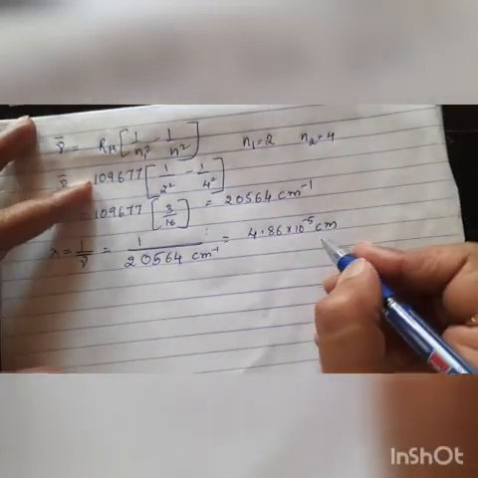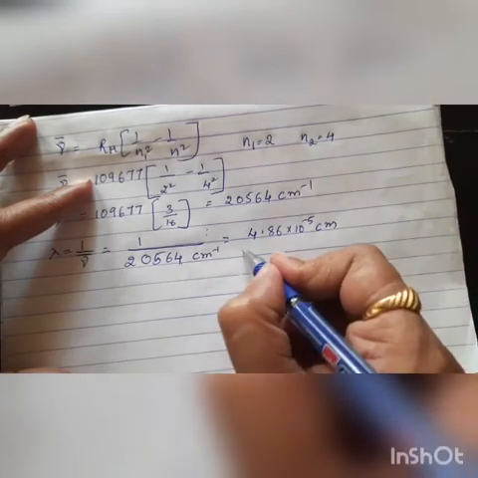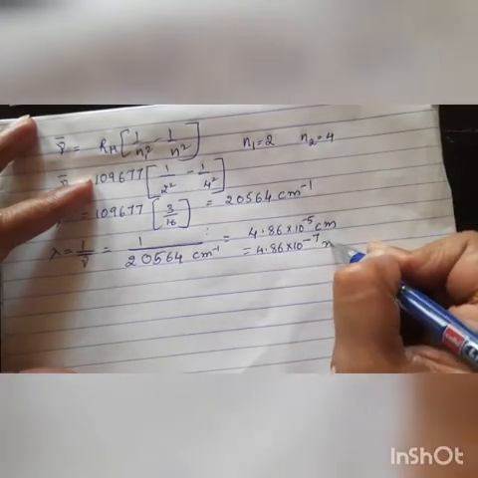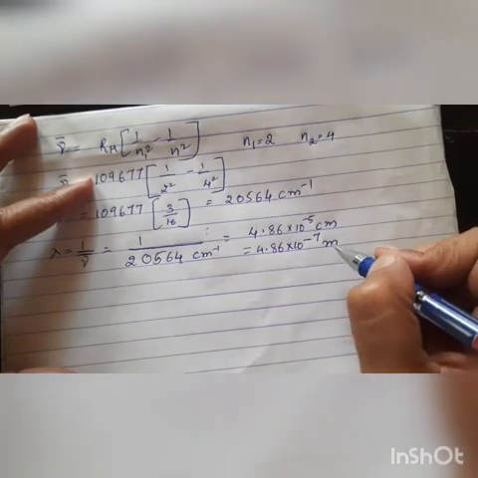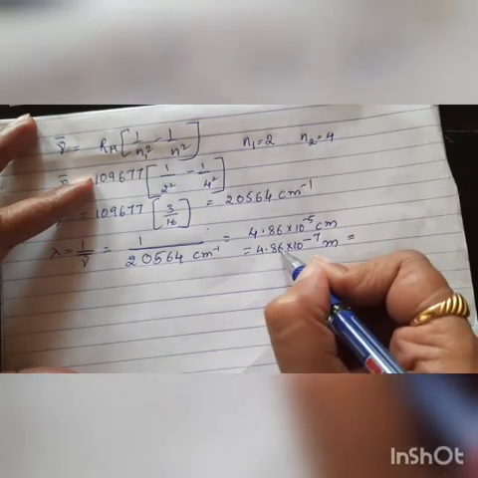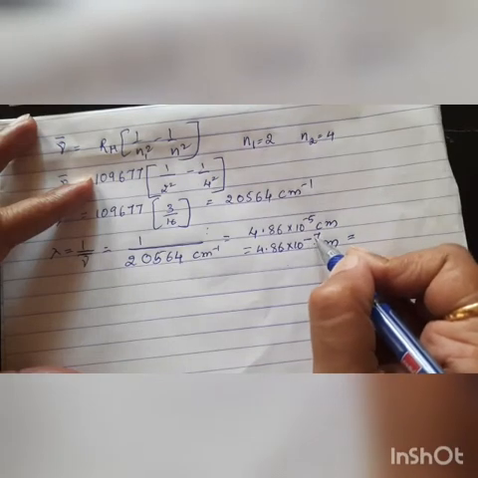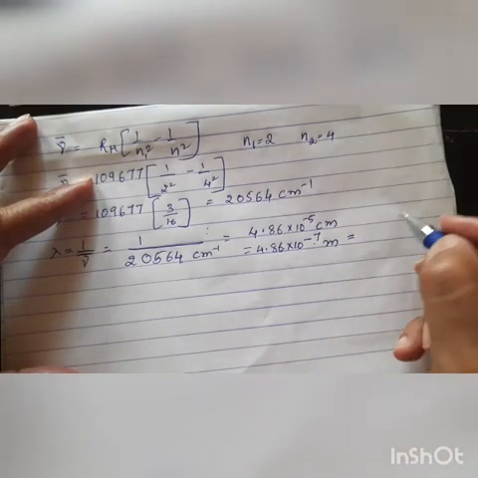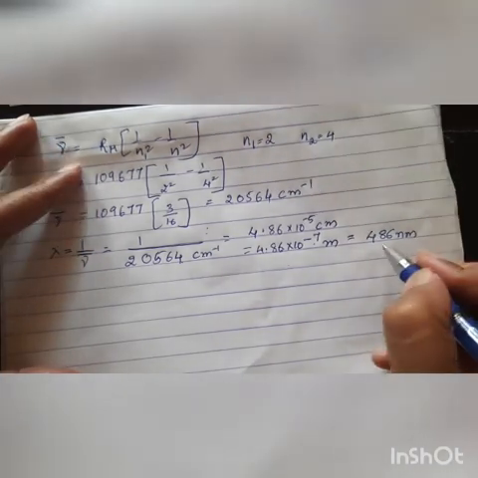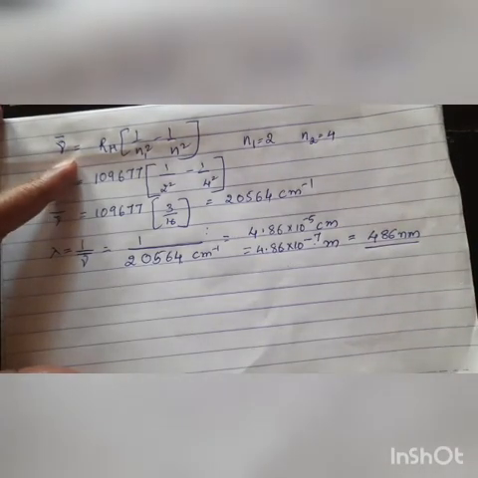Now you can convert this into meter: 4.86 into 10 raised to minus 7 meter. Then this can also be converted into nanometer. Shifting the points gives 10 raised to minus 2, so minus 7 minus 2 is equal to minus 9. So the value of the wavelength is 486 nanometer.